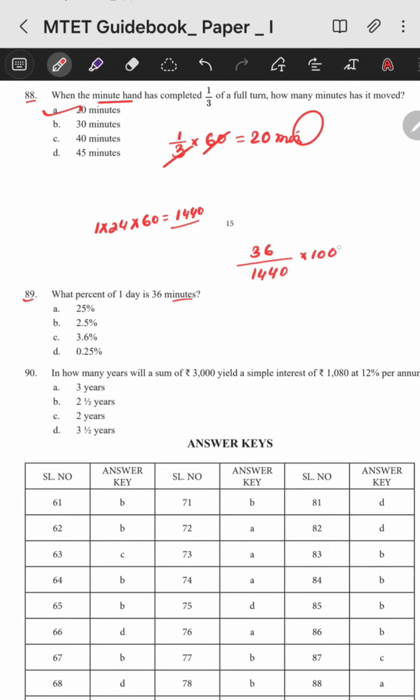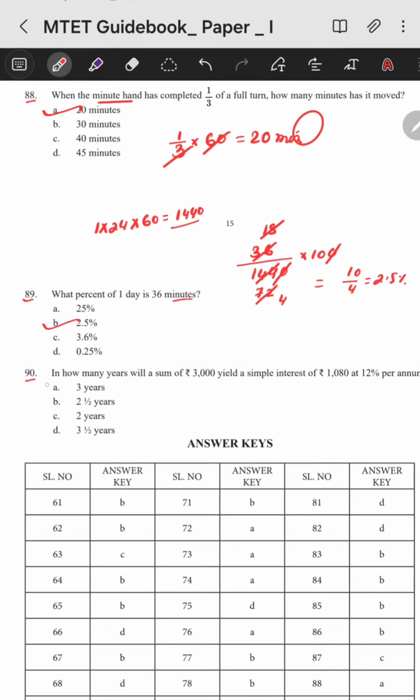Let's simplify now. The 0 and 0 you can cancel. Next, if you divide by 2, that will be 18, and again if you divide by 2, that is 72. Now 18 and 72, if you divide, that is 4 times. Next is 10 by 4. If you divide, 2.5%. So option B is your correct option here.